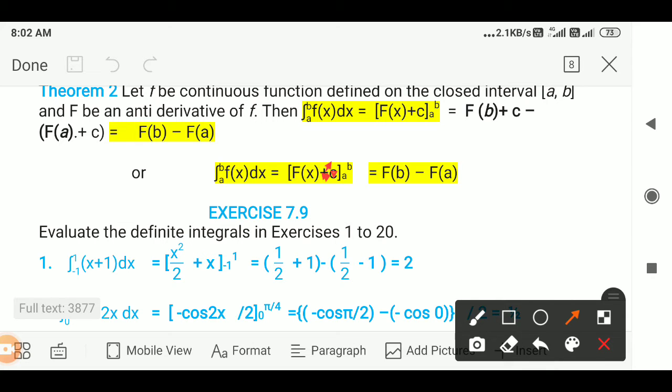In this case you have only the integral from a to b of f(x) dx equal to F(x) from a to b, so it will be F(b) minus F(a). This is the solution and we use these two in our calculation formula.